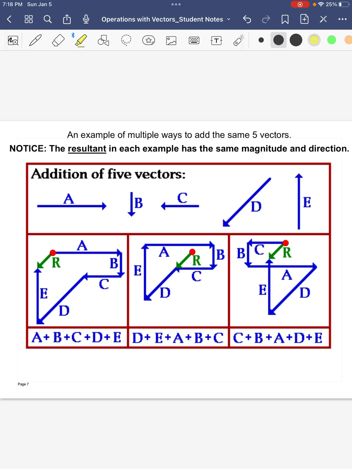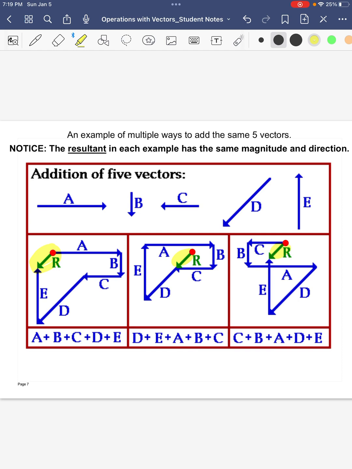So in general, we only added 2 vectors on the previous screen, u plus v. Well, here what you see is we have 5 vectors. So we have a plus b plus c plus d plus e, and that equals this resultant vector r. And so you connect where you originally started with the end of the last vector, and that's your resultant. Notice when we change up how we add things, we still end up with the same resultant vector.